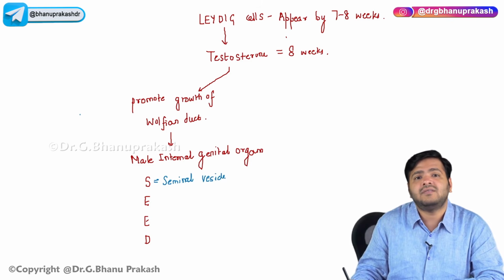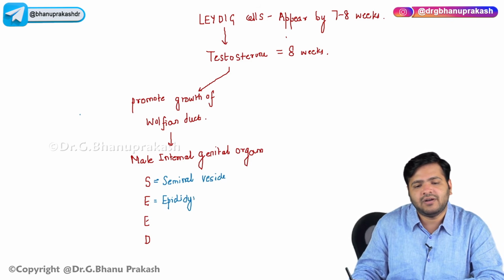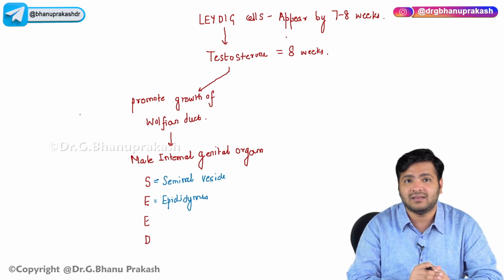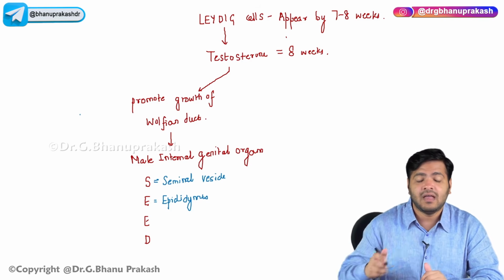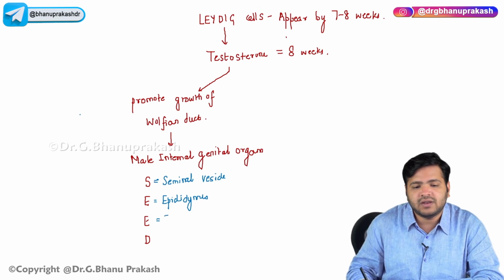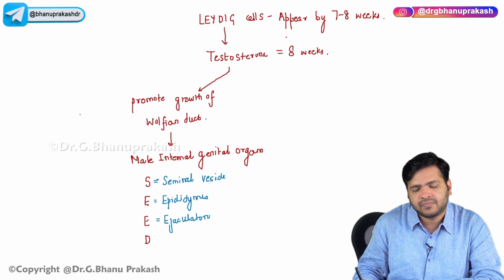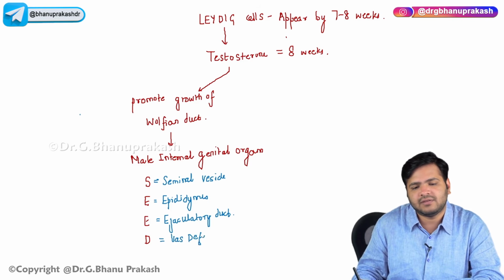E stands for epididymis. You already know we have two parts of the epididymis, the cranial part and the caudal part, right? Sperm motility and sperm maturity take place in the epididymis. Apart from that, we have the ejaculatory duct, which opens into the urethra, and the last one is the vas deferens.